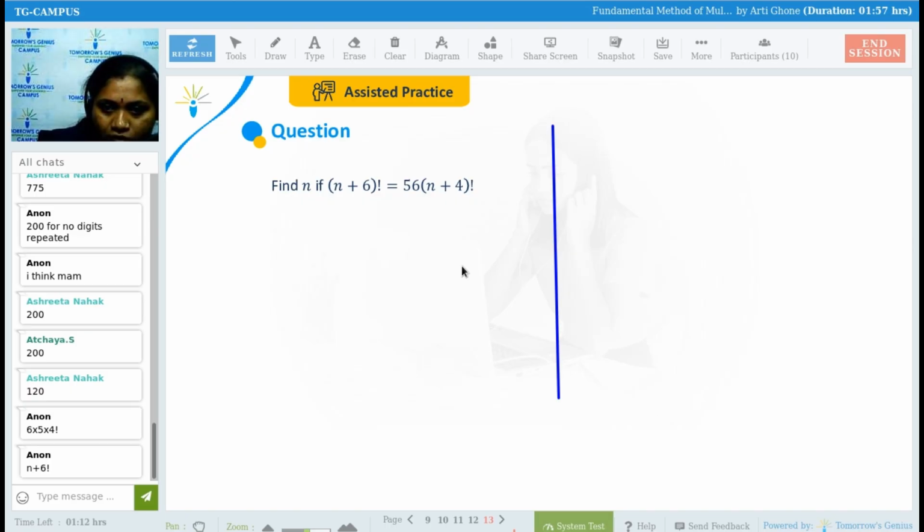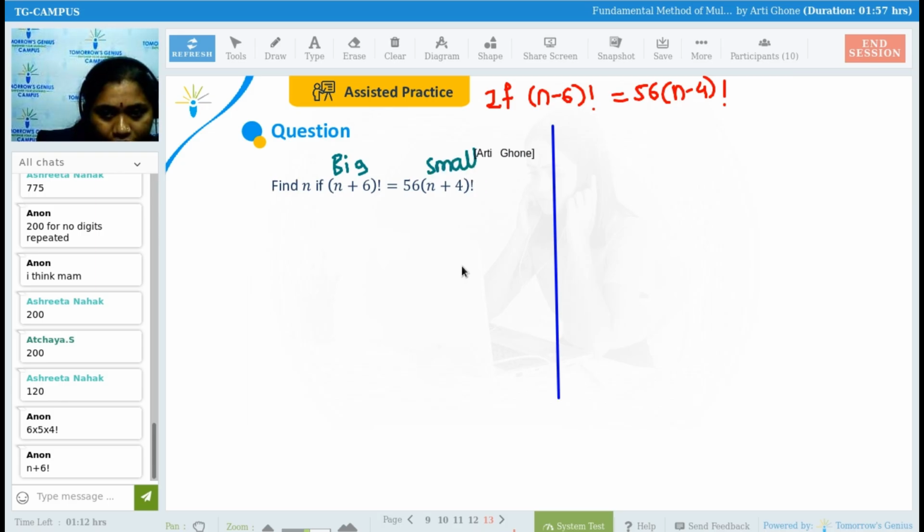If it is like n minus 6 factorial, such questions will not be given to you at all. But n plus 6, yes, here n plus 6 is a big value and n plus 4 is a small value, and we can convert big to small.